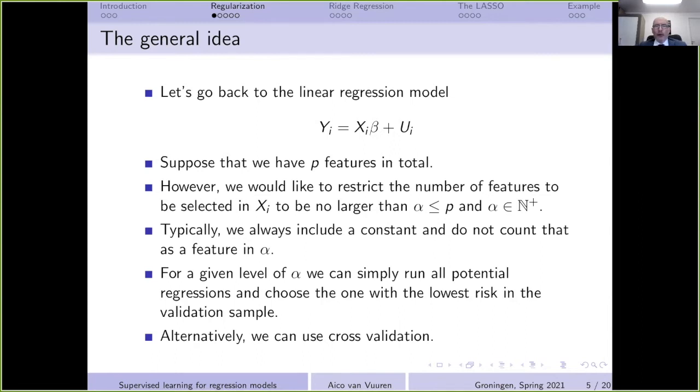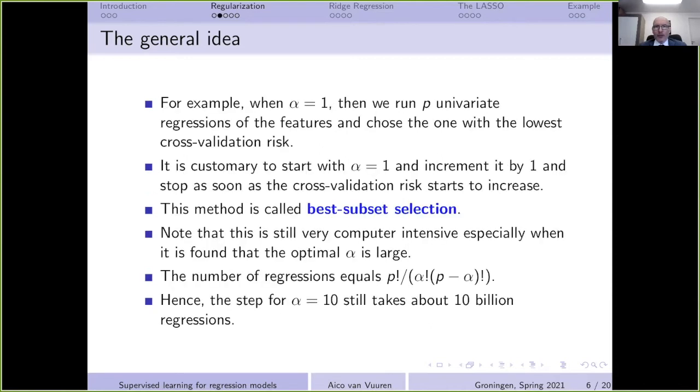That means we already know which alpha is going to be the best, and we already have our best predictor. So all those additional regressions that we would have done for higher levels of alpha, we don't have to do anymore, because we already know what our best predictor is. And that will reduce the number of regressions that we have to do considerably.